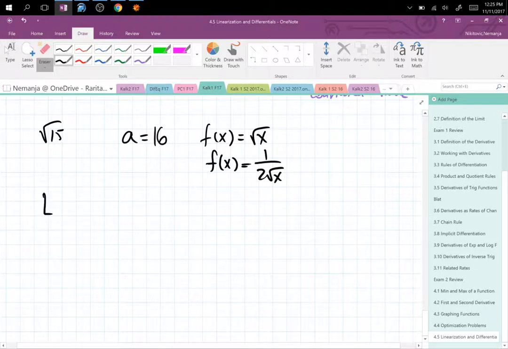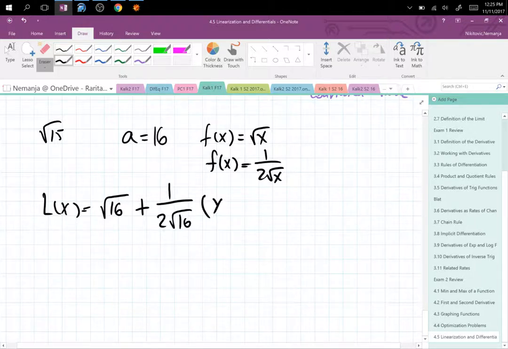So L of x is equal to f of a, which is square root of 16, plus derivative computed at a, which is 1 over 2 root 16. And then x minus a, which is x minus 16. So all I did is I plugged in f of a, where a is 16, f prime of a, where a is 16, and then a is 16 for x minus a.